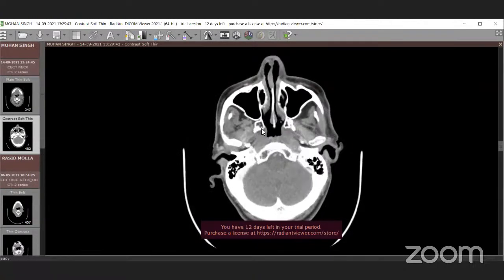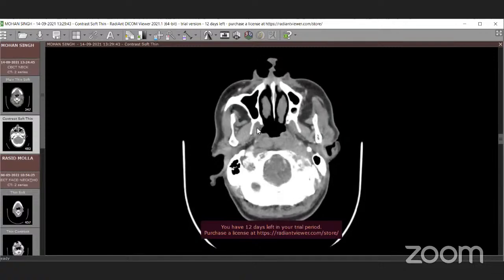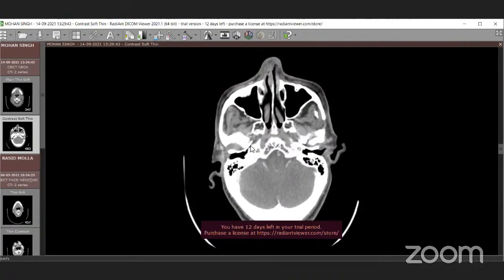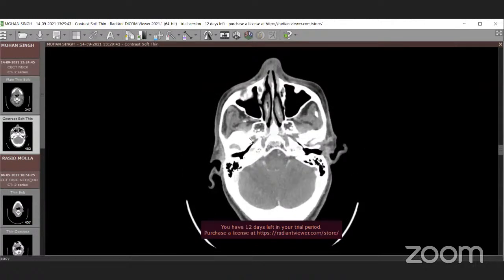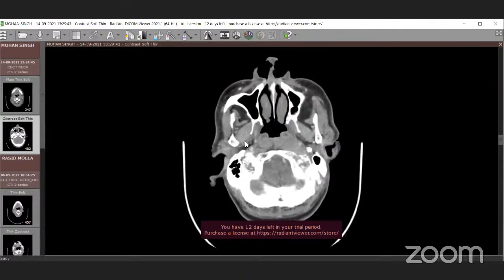So this entire frill-like structure where you have some vessels here, this is the region of the pterygomandibular raphe on a transverse image. And as we go cranially, we can see this ends up at the level of the foramen ovale. So I'm going again down from the foramen ovale, and we have this frill-like structure here. So this is the region of the pterygomandibular raphe.